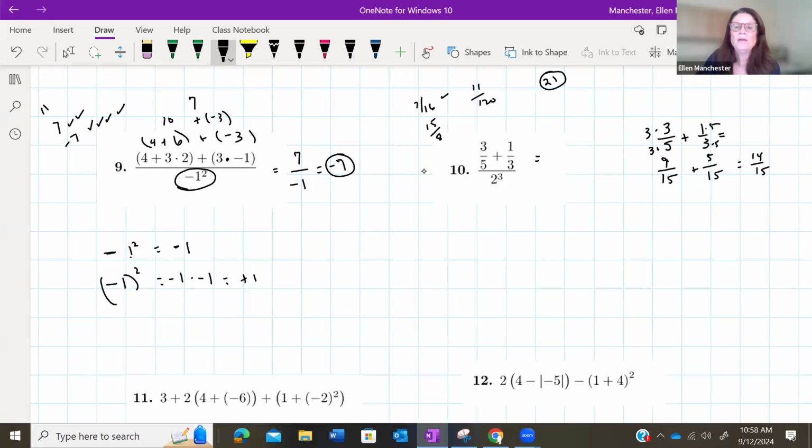So that's the top. And then on the bottom, 2 cubed is 8. So this is 14/15 divided by 8/1, which is the same as 14/15 times 1/8.